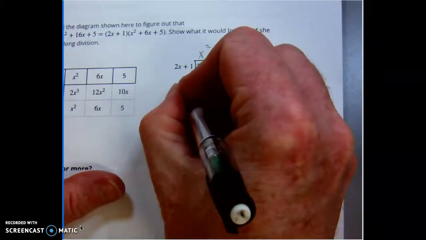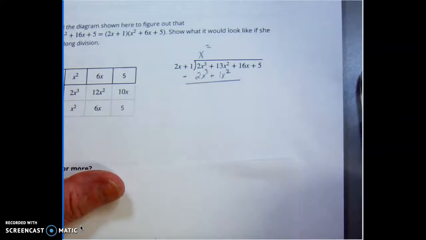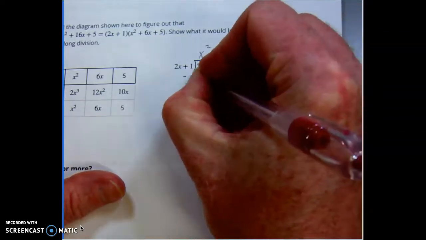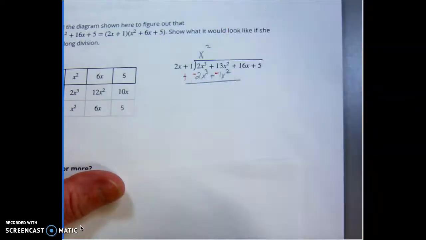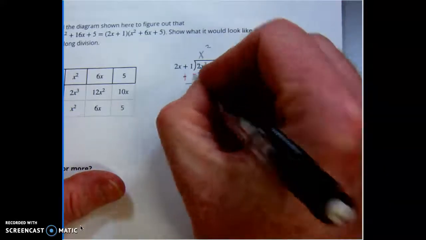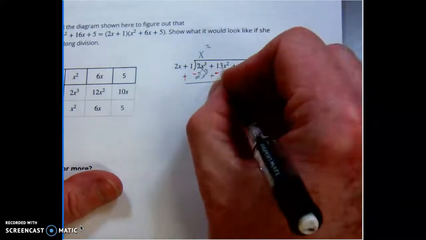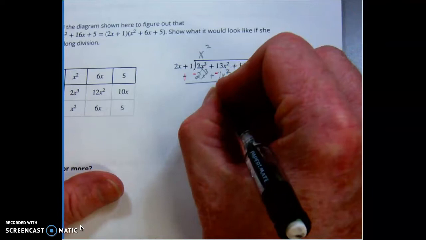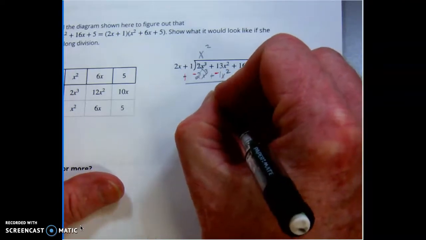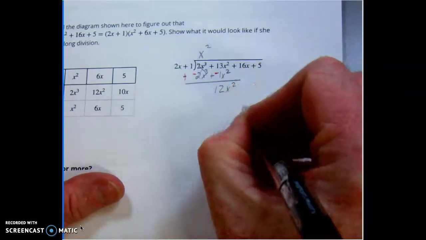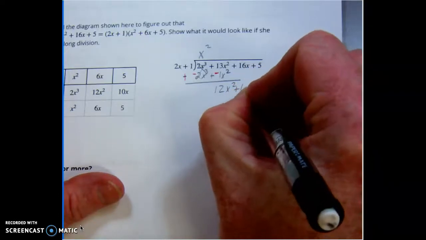Now I'm going to subtract, so that means I instead will change my signs and add it up. So the 2x cubes add up to 0. 13x squared and minus 1x squared would be positive 12x squared. Bring down our 16x.